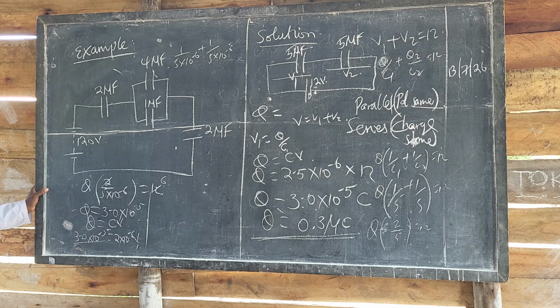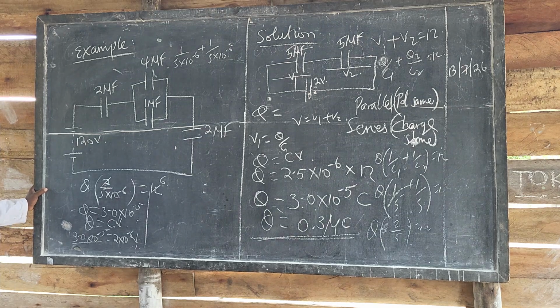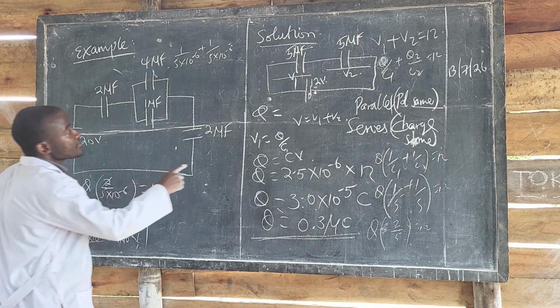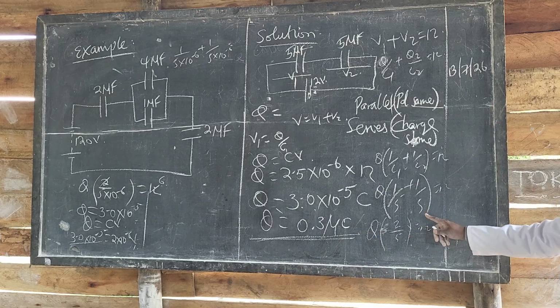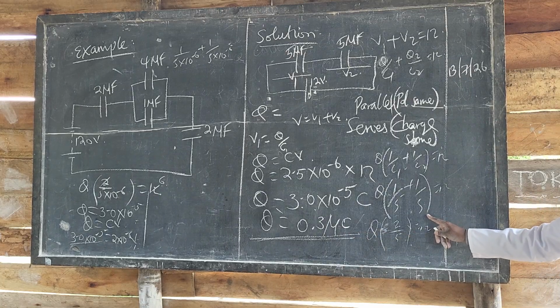Should we take 5? Oh, this was 5. Now, which means this answer is wrong. It must be wrong.